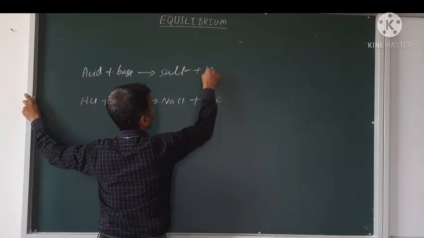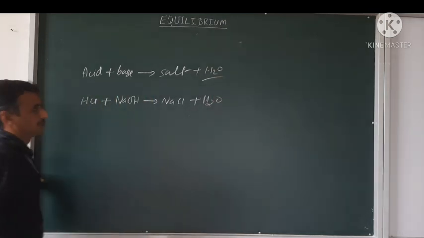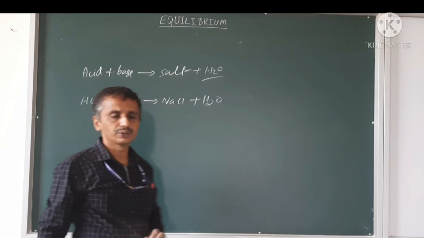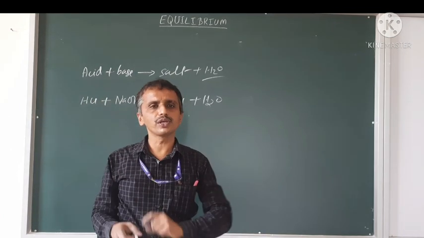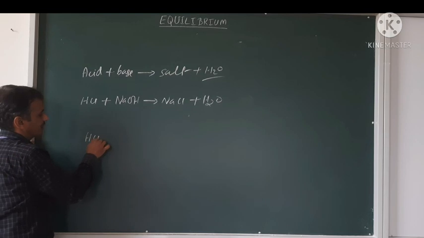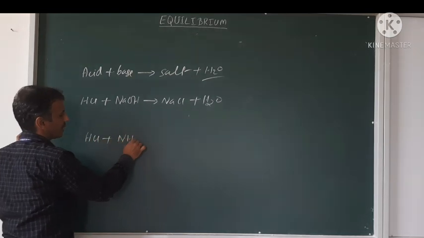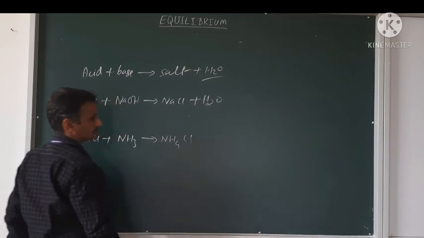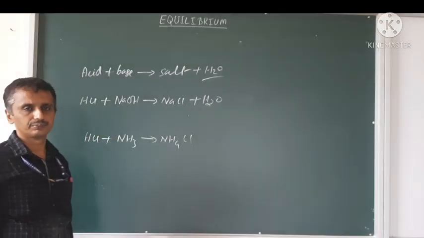Salt and water will be formed. So an acid on reaction with a base gives a salt. Acid plus ammonia solution, a base, gives ammonium chloride salt also.